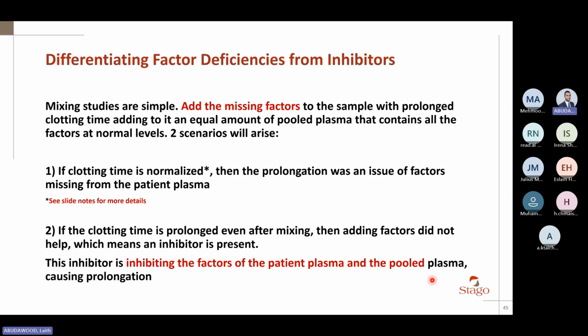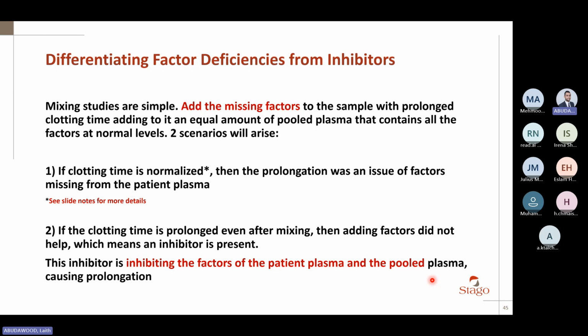It's not possible. There will be an intermediate step, which is the mixing study, which we just mentioned in lupus a bit ago. Mixing studies are quite useful because they tell you that the prolongation you are seeing with whatever the assay is, PT, PTT, DRVV, lupus screening, is caused by a factor deficiency or is caused by an inhibitor.